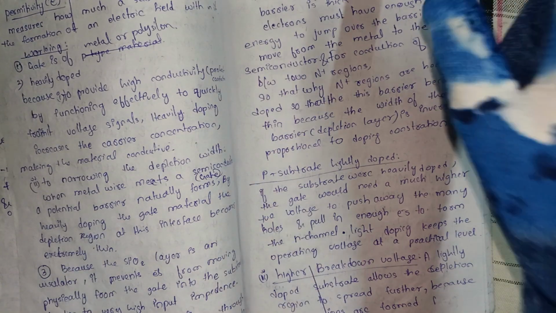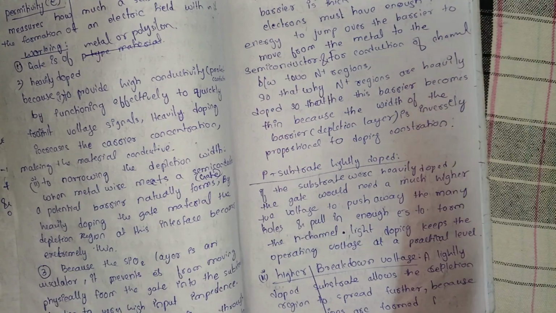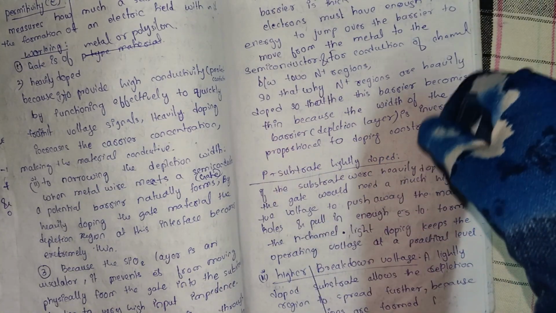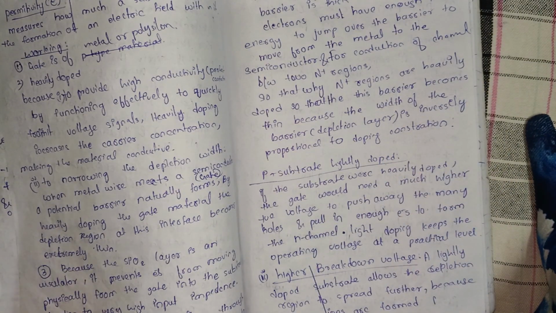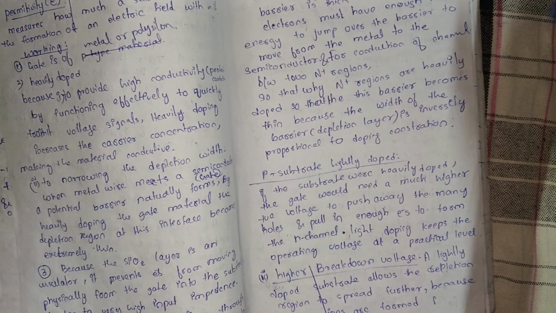And if we apply a negative voltage to the gate, what will it do? If we apply a positive voltage, then it will attract the electrons and increase the conduction channel.